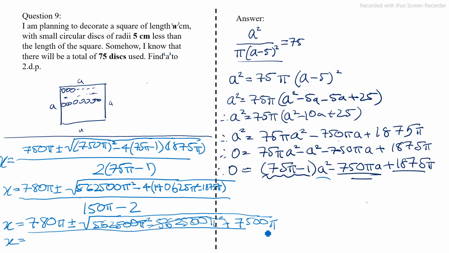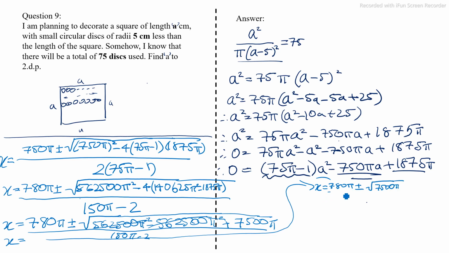Don't forget divided by 150 pi minus 2. So we transfer this thing over here. Therefore x equals 750 pi plus minus root of 562,500 pi squared plus 7500 pi. This is a monstrosity. Divided by 150 pi minus 2.